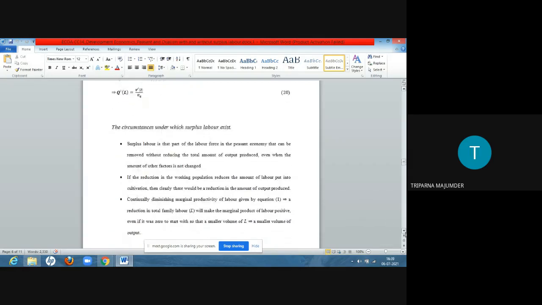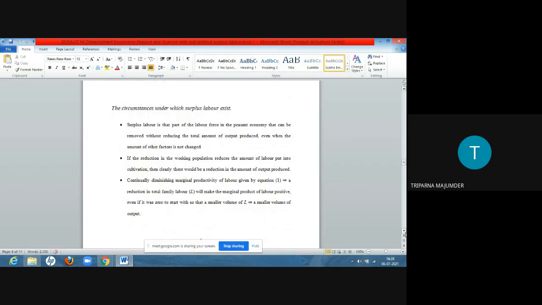Now we come to the circumstances under which surplus labor can exist. We have repeatedly discussed the circumstances under which surplus labor can exist.